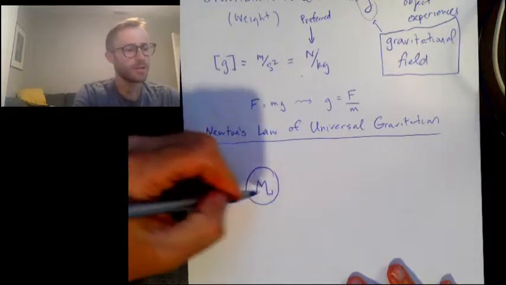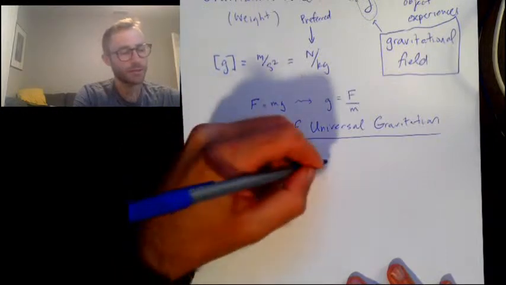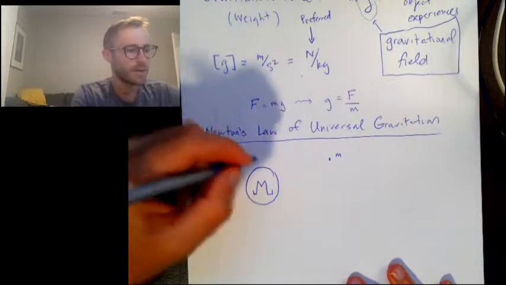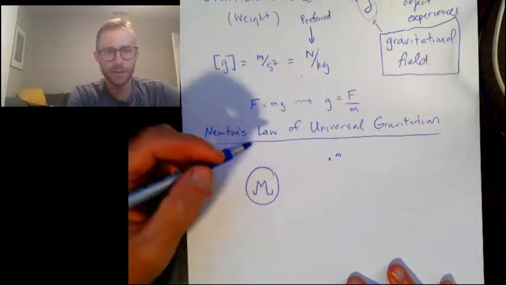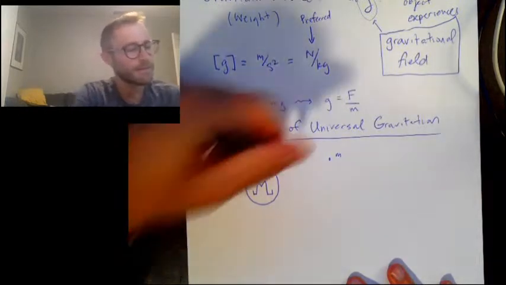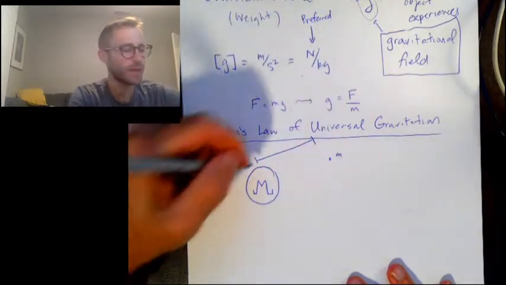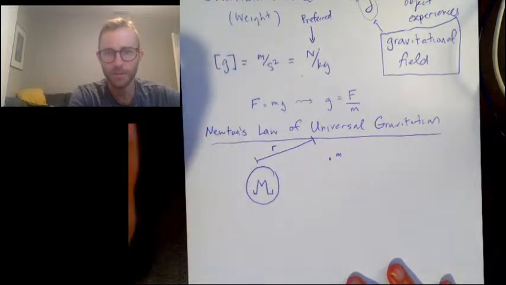This mass is creating a gravitational field that the little m experiences. So we have a variable, which is the distance between the centers of the two masses, and we will call that r.